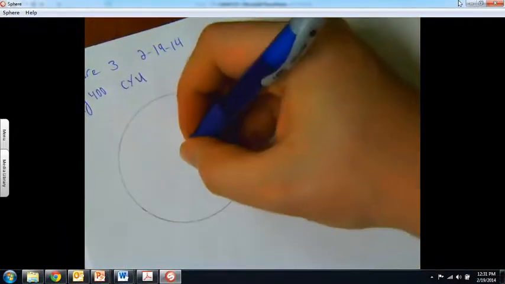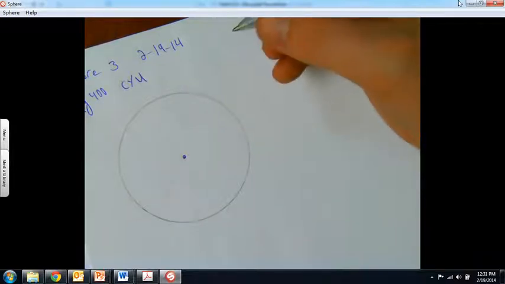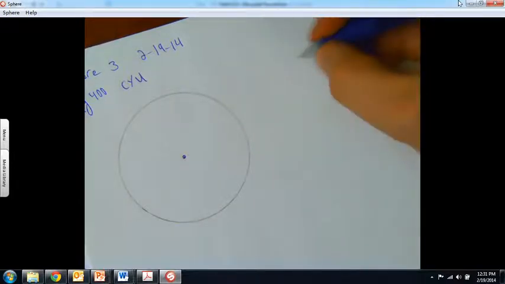There's the Earth. It says the middle is the North Pole, and we have a satellite somewhere out here. We'll label that point S.